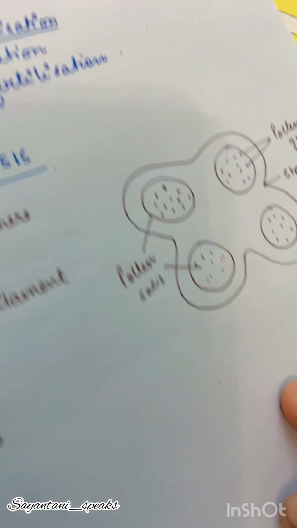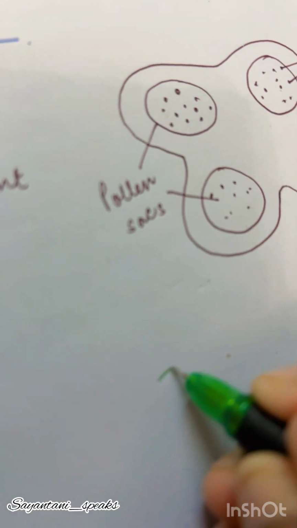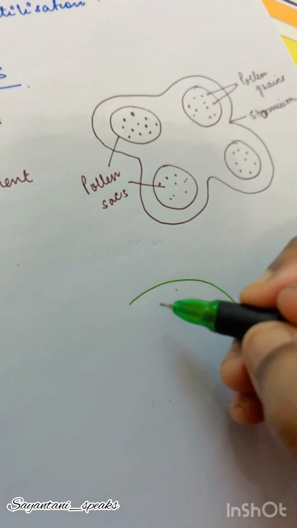Now, before we go for that, I'll draw one portion of this, how it looks under the microscope. The portion has some layers. I'm just drawing one half of it, an arc of it.